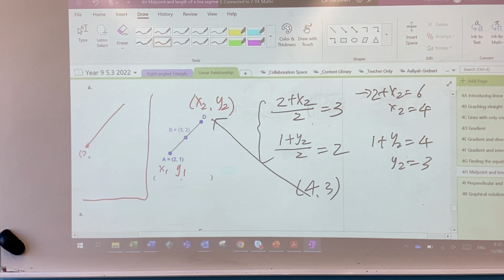So 2, 1, 3, 2. This one is x1, y1. Is that what you mean? Yeah, x2, y2. Try. You'll see. I can't tell you the answer now, but try. In 2 minutes, you will know the answer. I think you would just guess.